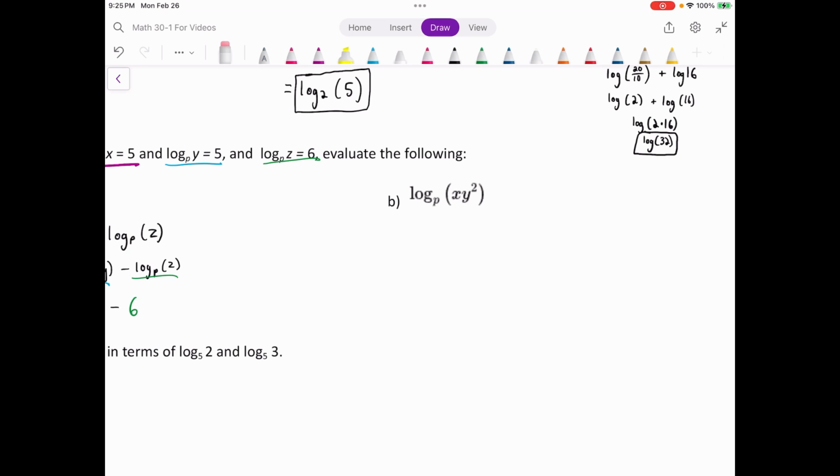So can I split this up into 2? I sure can, right? Because I'm multiplying x by y squared. So let's start there. This is the same as log base p of x plus log base p of y squared. And now I can use that power law of logarithms to bring the 2 down, okay?